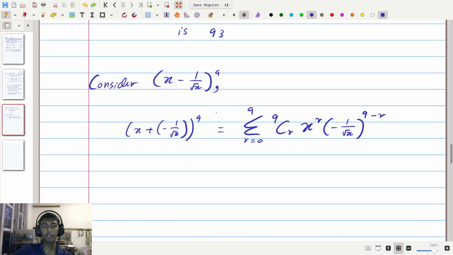So doing that, if we write this down, this is equal to the sum from r equals 0 up to 9 of 9 choose r. What we're going to do here first off is to take this negative outward as a negative 1 to the power of 9 minus r.